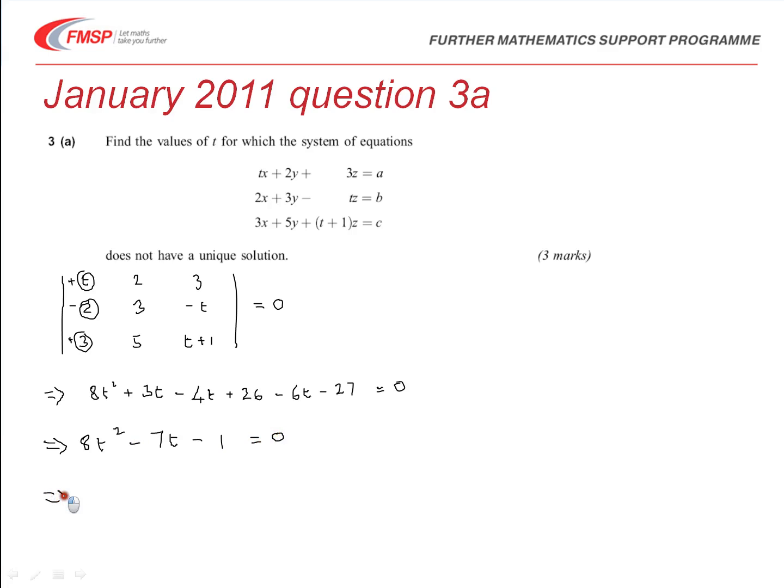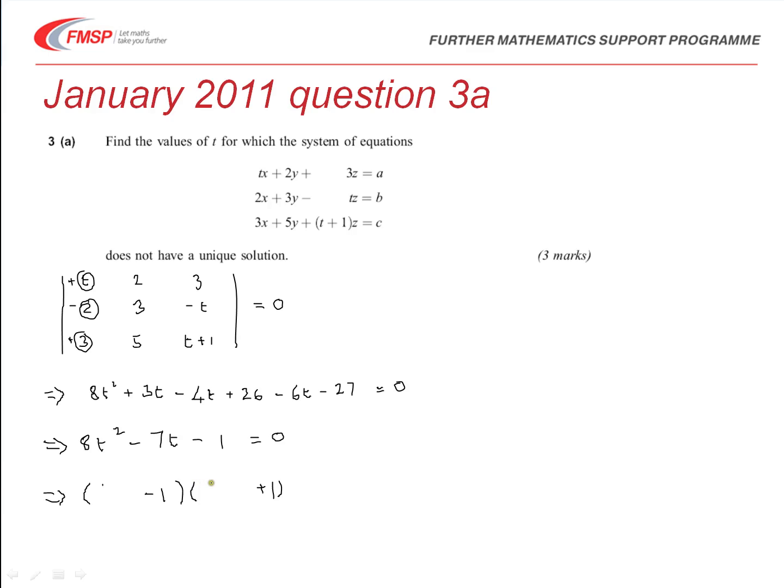And so now if we factorize this expression, well, to get the negative 1, it's going to be a negative 1 and a plus 1. And so to get that minus 7t and the 8t squared, we're going to need an 8t and a t, which way round?